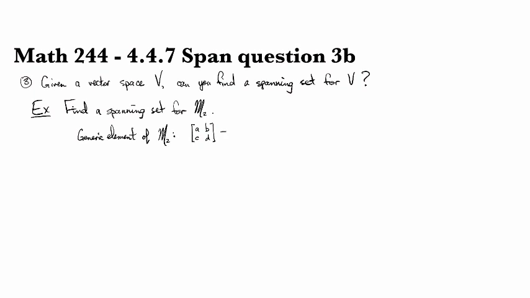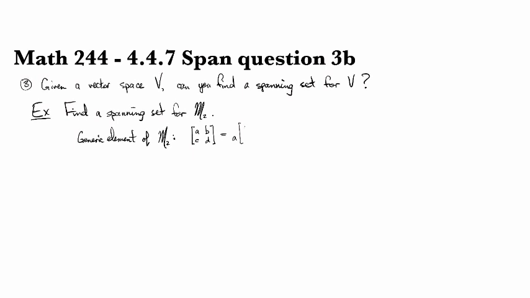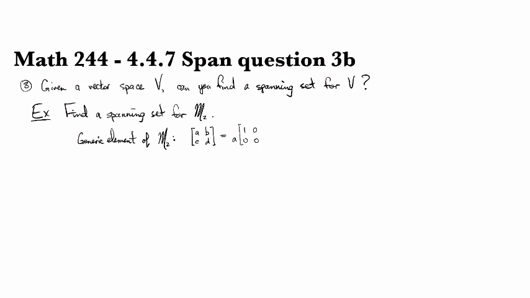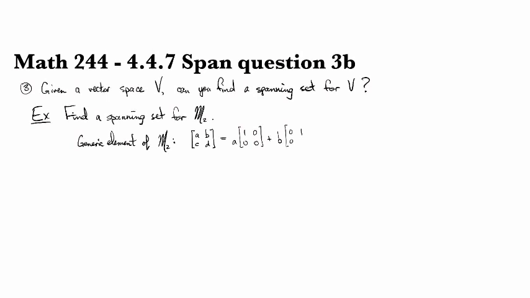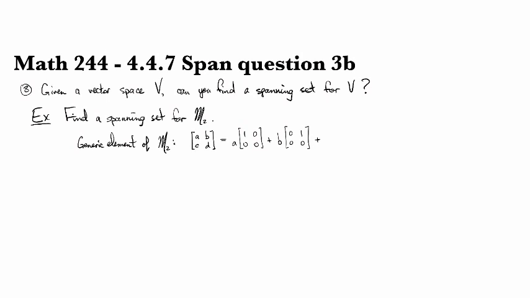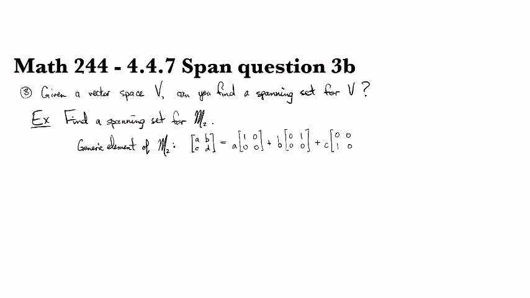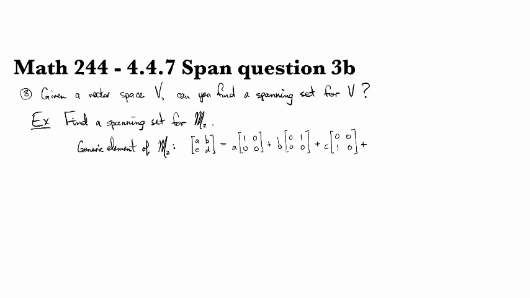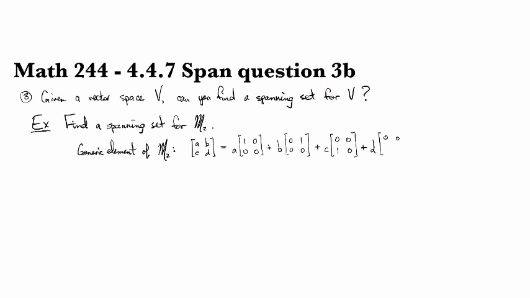The simplest thing to do would be to pull it apart. Then I can see each of those A, B, C, and D as being a scalar multiple of something, so I can rewrite the original matrix as some linear combination of stuff.